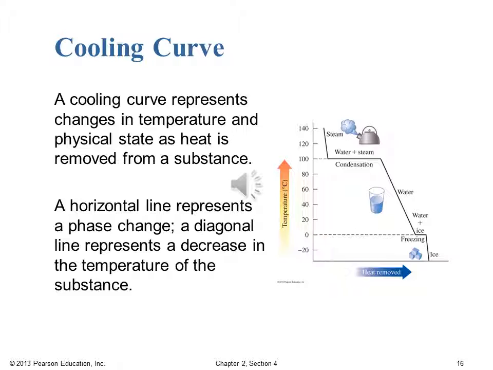Okay, so the heating curve was going in the direction where we're adding heat to the substance, and that heat is being used first to increase the motion of the particles and then to change phase. A cooling curve would be the opposite.